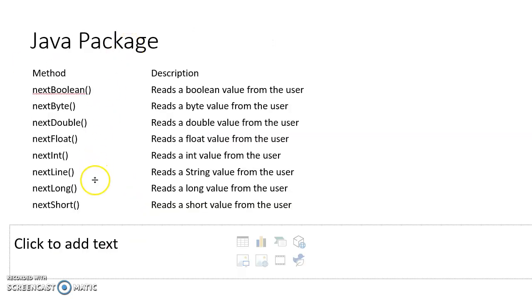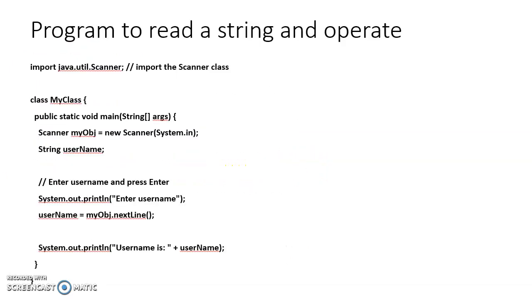We had seen these methods over here. So nextLine is basically reading a string value from the user. So you're using a function called nextLine, and using nextInt won't work over here. Please try doing it, and please try to understand the importance of all these functions. Now it will display the statement, username is username, and you can have a look into this program.